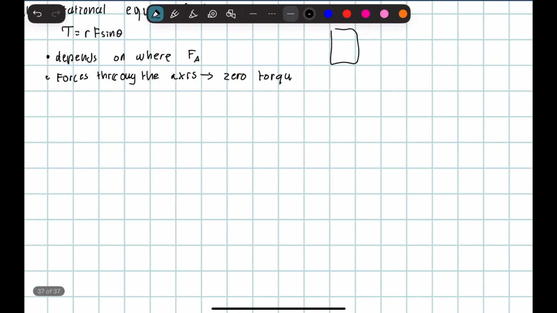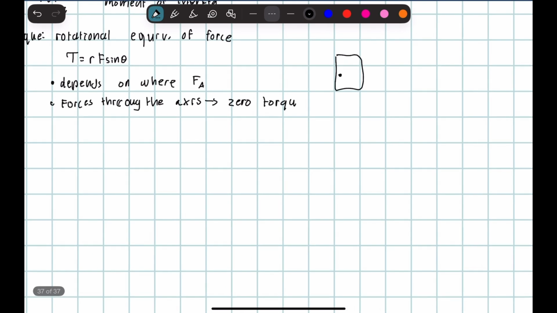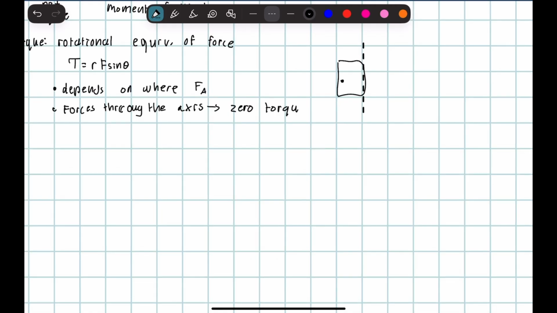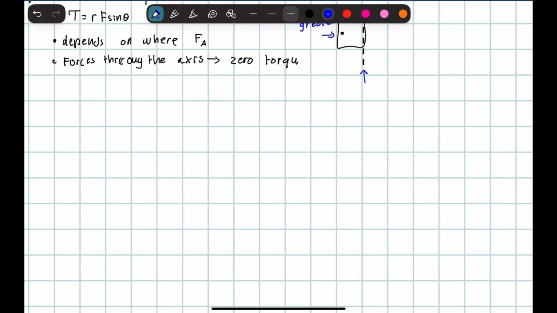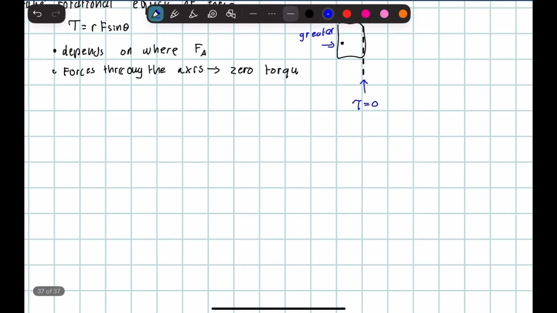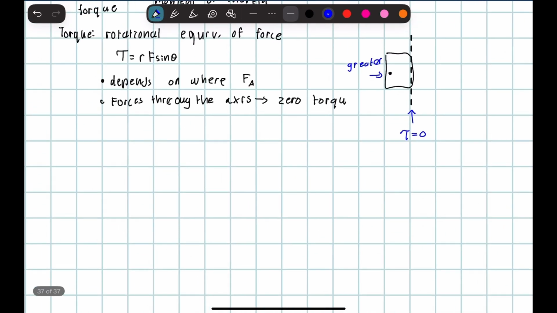Well, you can imagine that again, right? This example was like the door hinge. So imagine you push something right here. The torque is going to equal 0 because there's no distance, since torque depends on the radius, right? The radius is the distance from the axis of rotation.